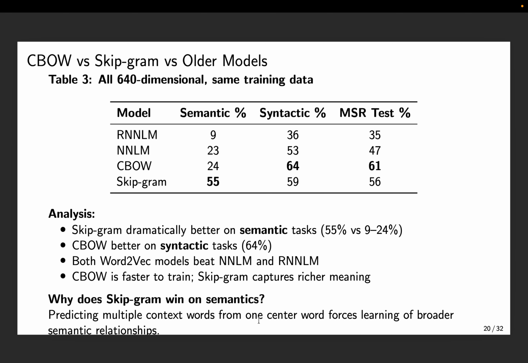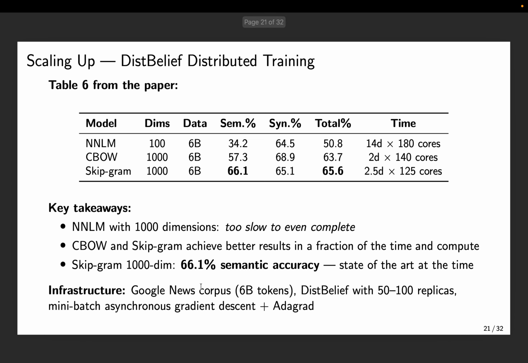Now moving on to the next slide, where we discuss the results of large scale training using the Google DistBelief distributed training infrastructure. You will see in Table 6 from the paper all the models trained on the full Google News data set, which is 6 billion words. NNLM at 100 dimensions gets 50.8 total accuracy, and took 14 days on 180 CPU cores, and that's a lot of compute.